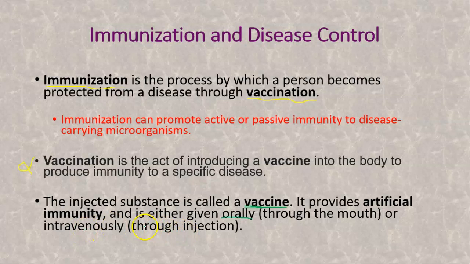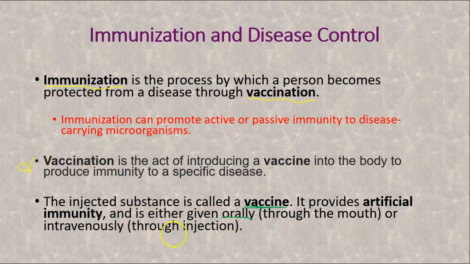Now if it's an antibody, then taking it orally would not make sense, because there is pepsin in the stomach that digests proteins. So if you take a vaccine made from antibodies, it would be digested in your stomach to amino acids and so forth, and that would destroy the vaccine and not make it effective anymore.